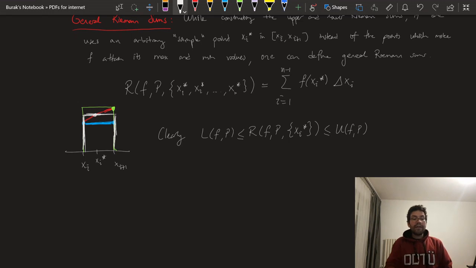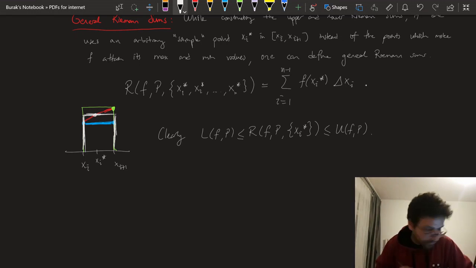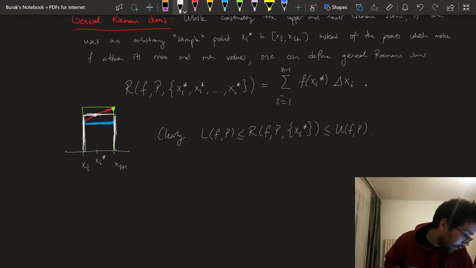Because in each interval, instead of the point which gives you the maximum value and the minimum value, you're using an arbitrary value. But the height of the rectangle determined by the arbitrary value cannot be greater than the height which you get in the upper Riemann sum, and it can't be less than the height which you get in the lower Riemann sum. So we have that. Okay, that's that.